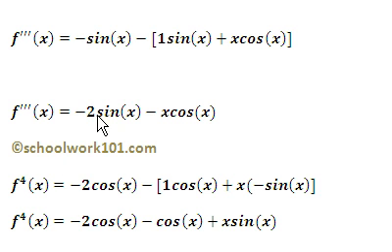Alright, so we take the derivative of negative 2 sine x, and the derivative of negative 2 sine x is going to be negative 2 cosine x, right? The derivative of sine is cosine. And then we're going to use the product rule here again. Because of this minus sign, we want to make sure that we start with a bracket here, and close with a bracket.